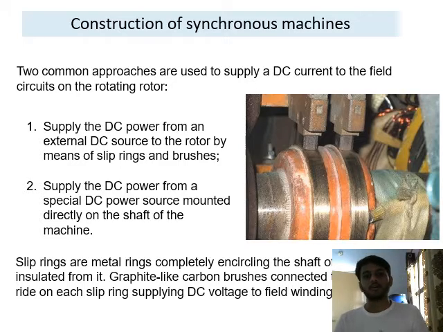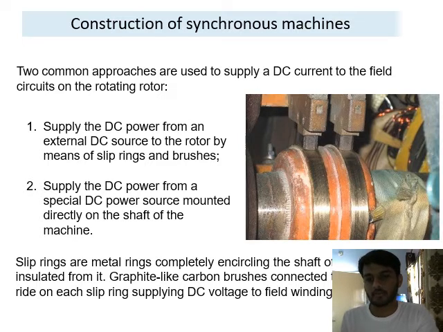Then, common approaches are used to supply the DC current to the field. We have to supply DC current to the field, and the rotor field winding is mounted on the rotor portion. It is a rotating one, and our DC supply is a steady one, so we have to make a contact between the steady and rotating parts.